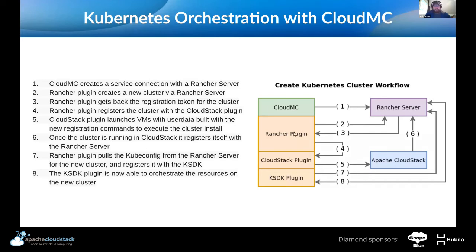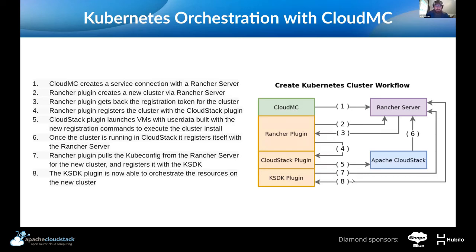So what it's going to do is go and create a new cluster in Rancher. And it's going to be a custom cluster that basically just provides the registration code. So the registration code is going to get brought back, and then essentially the Rancher plugin is going to pass to the CloudStack plugin, hey, we want to create a cluster. It's going to have these details.